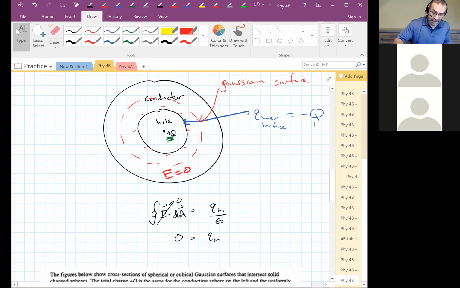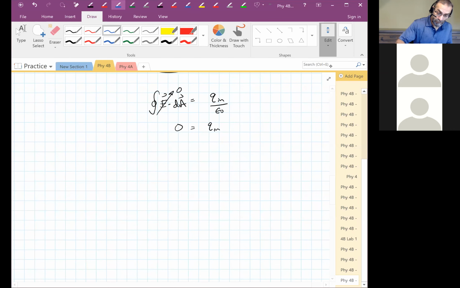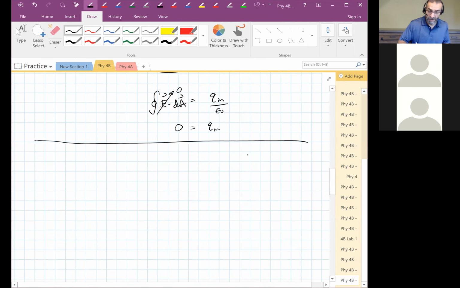So now let's take a look at a cylindrical charge distribution. Last time we did spherical charge distribution using Gauss's law. That's pretty straightforward. Let's take a look at cylindrical, although we can do more spherical if you need to, that's fine.